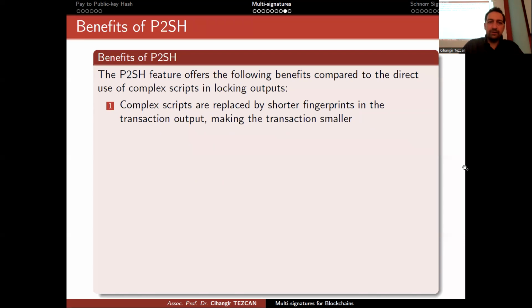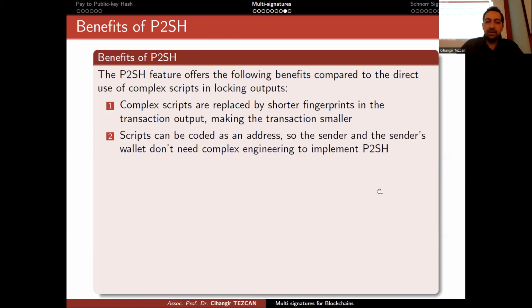So let's see the benefits of using pay-to-script hash instead of those multi-signatures. The pay-to-script hash feature offers the following benefits compared to the direct use of complex scripts in locking outputs. Complex scripts are replaced by shorter fingerprints, in other words, 20-byte hashes, right? In the transaction output, making the transaction smaller. So this way we save space.